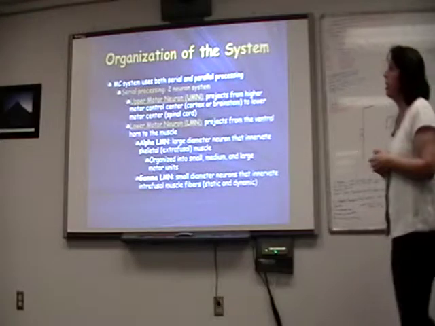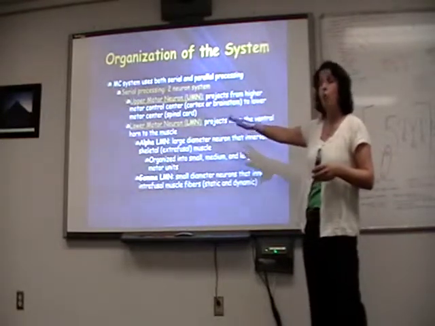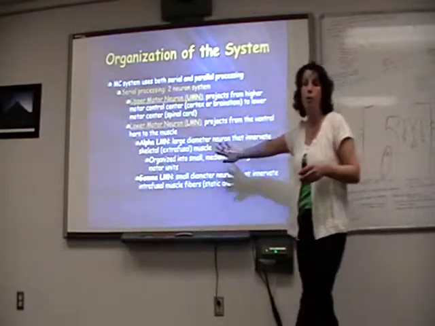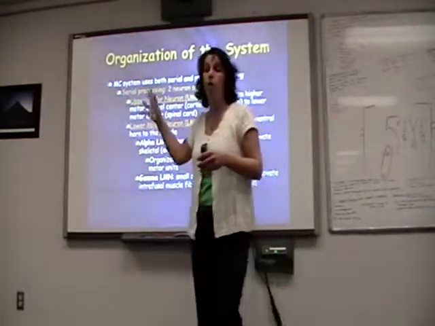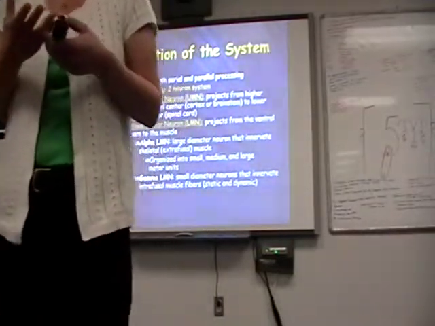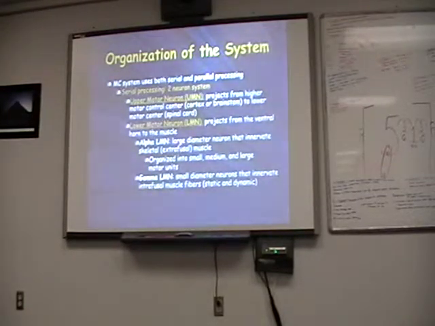Remember that in serial processing, we've got the upper motor neuron going to the lower motor neuron, and remember, we really have two types of lower motor neurons. We've got our alpha motor neurons, which go to the extrafusal muscle to cause that muscle to contract, and then we co-activate the gamma motor neuron. What does the gamma motor neuron do? Contracts the poles of what? The intrafusal muscle. Why?